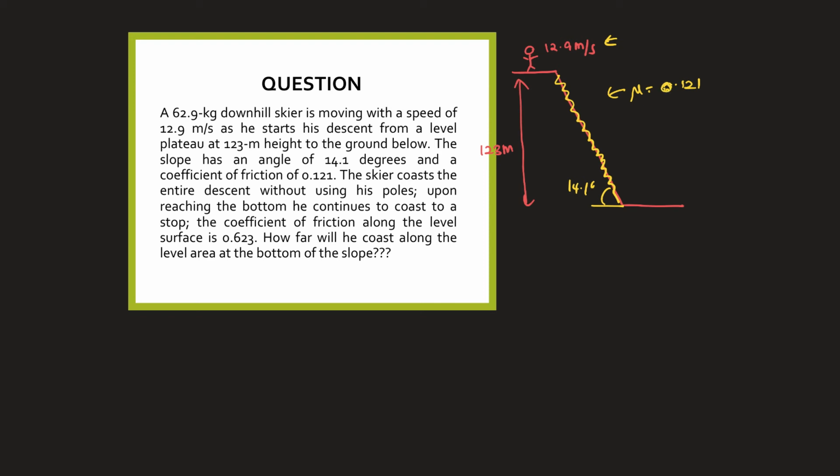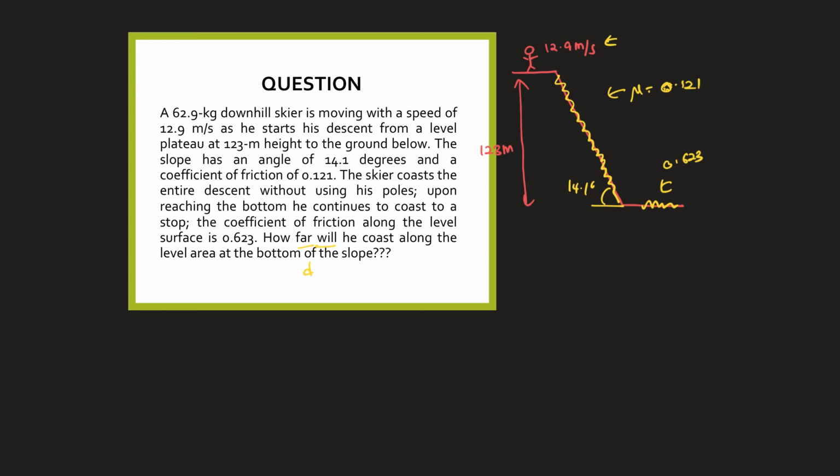Then when you reach the bottom, you continue to coast to a stop, and you are still going to have friction over here, which is 0.623. The question asks you to find how far, which means it asks for the distance, the displacement, the d over there.